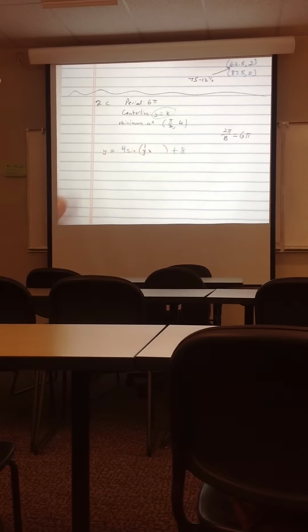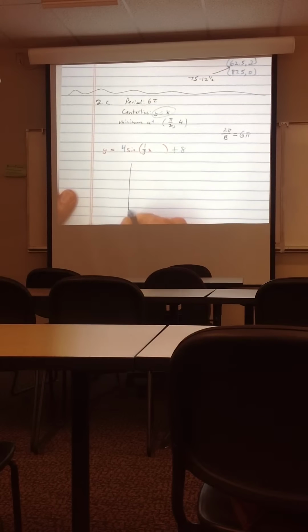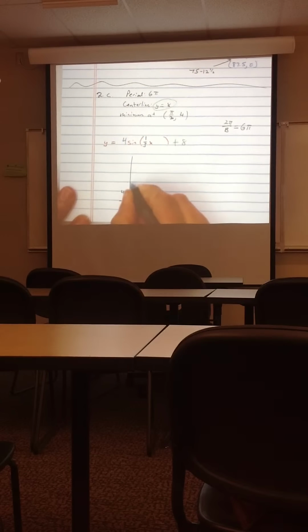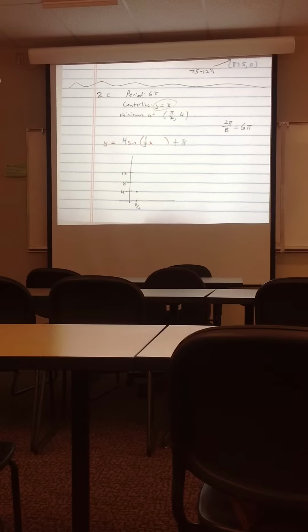Okay, so we got to think about the graph here for a little bit. I'm not doing an accurate graph. We're just going to kind of sketch it for a second. So this is 4, this is 8, this is 4. Now, at pi over 2, we're at our minimum. I don't know if there's a c value or not.